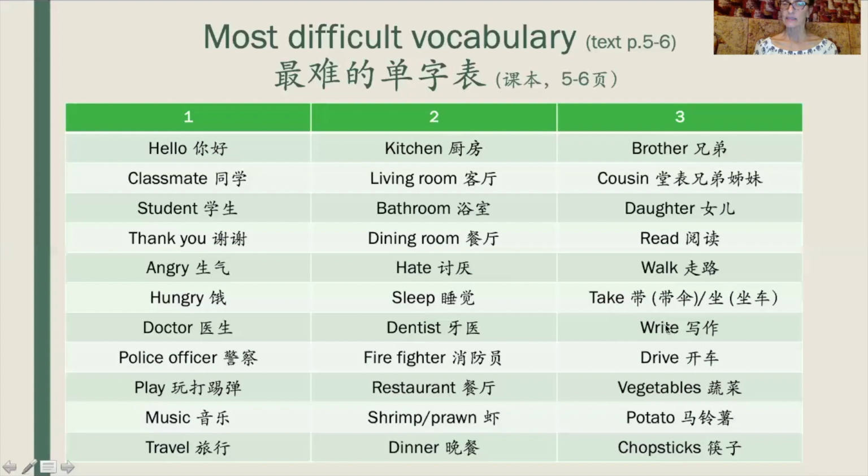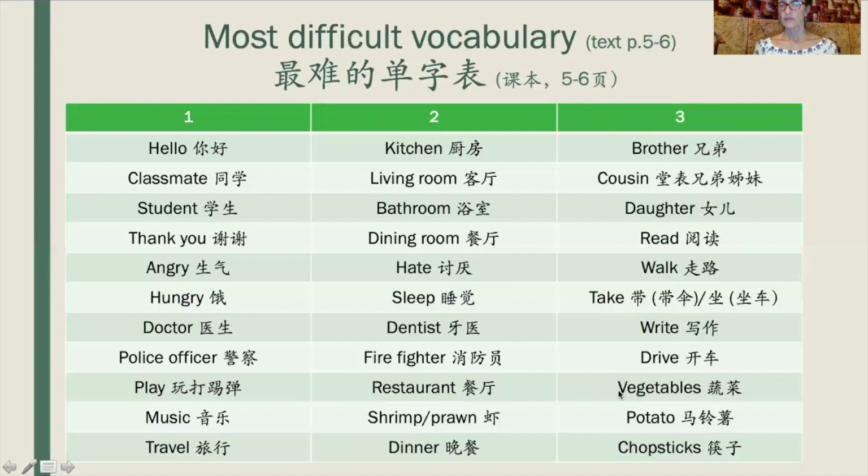Write. Police officer. Firefighter. Drive. Play. Restaurant.